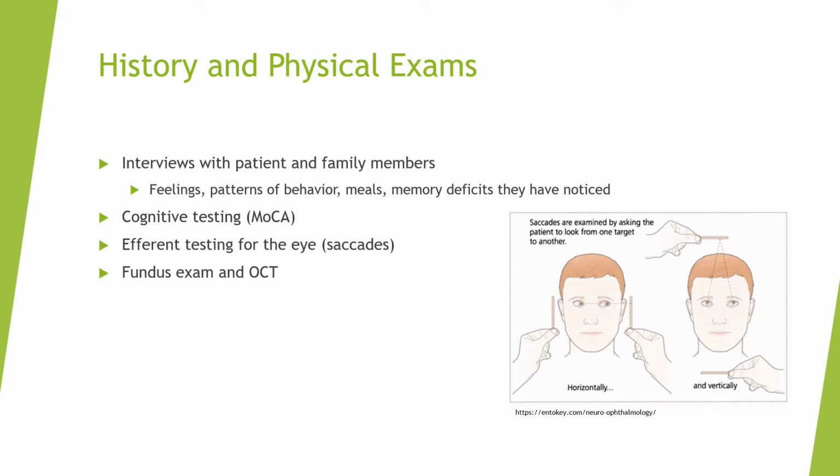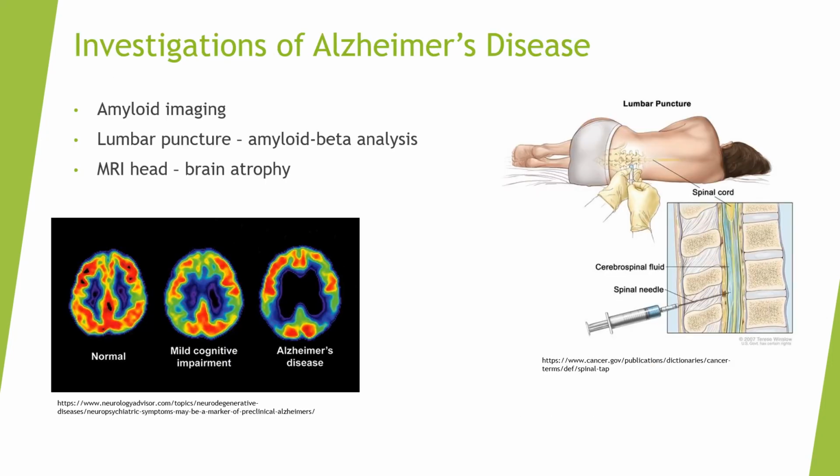Fundus exam and OCT to find out about the changes in the fundus and the optic nerve area would be prudent as well. Investigations with someone with Alzheimer's disease may include amyloid imaging, lumbar puncture with the analysis of amyloid beta protein, and MRI of the head to look for brain atrophy.